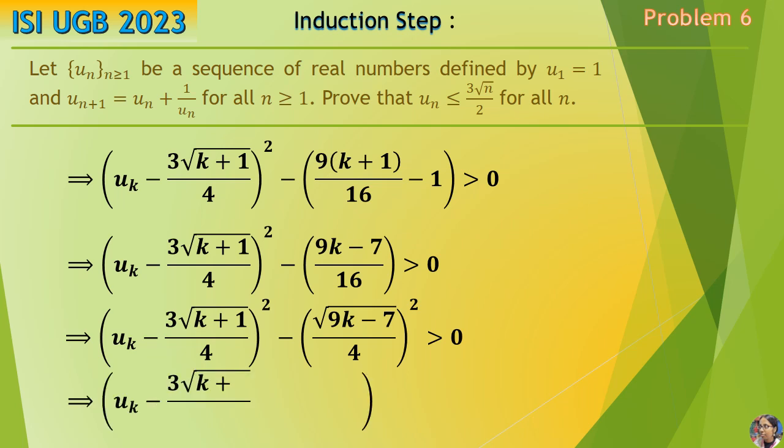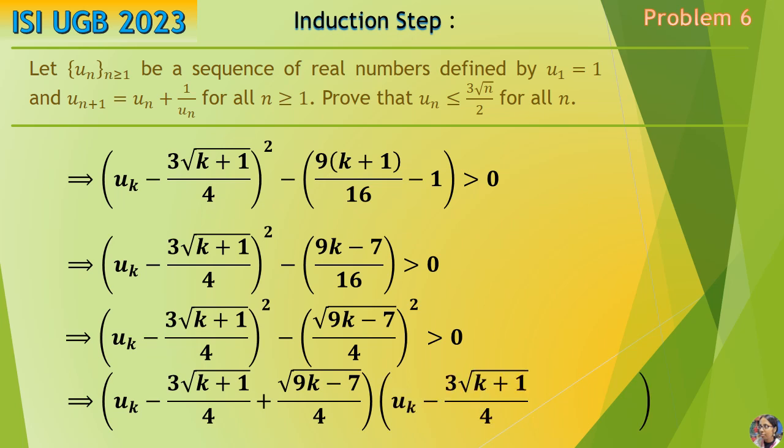Using a square minus b square equal to a plus b into a minus b, we have this inequality.